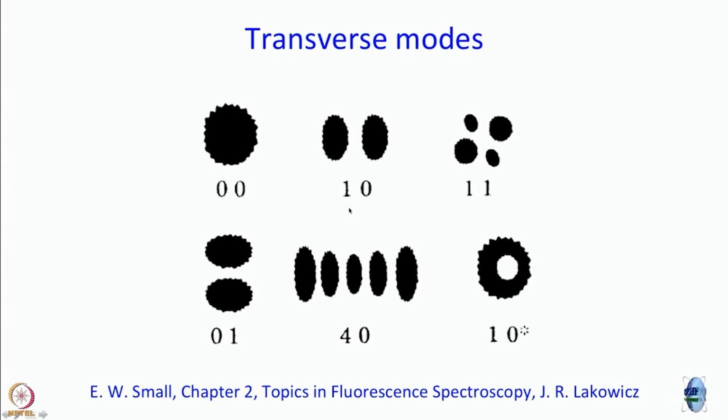This one is called TEM10 mode. That means there is one node in a particular direction. This is 1-1 mode. One node along this direction, one node along this direction. Now, the problem is this here is 1-0 mode. This one also has one node. This is called 0-1 mode.